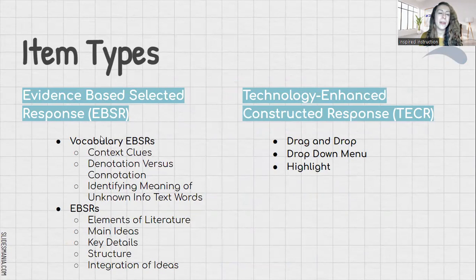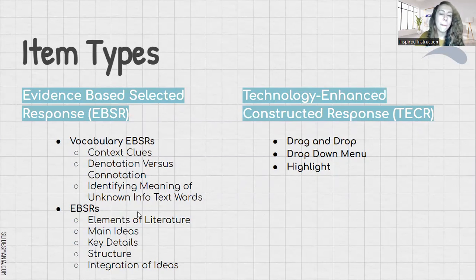All LAT, RST, NWT, doesn't matter which task type you're working on, all of them, the first question that students will have to answer will be a question on vocabulary. So we'll always ask them immediately after the text about the meaning of a word, whether it be using context clues, whether it be identifying the meaning of unknown words.